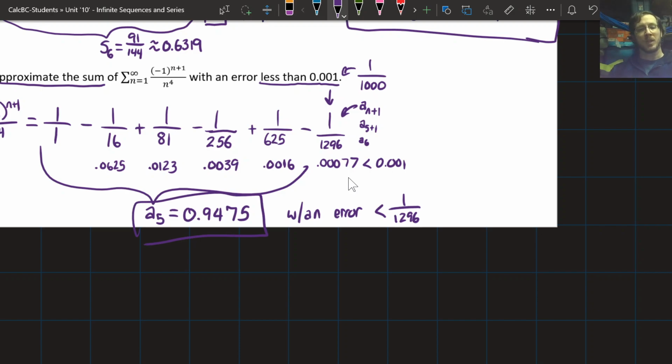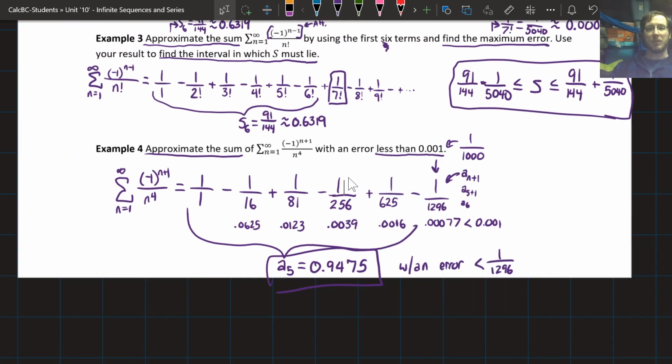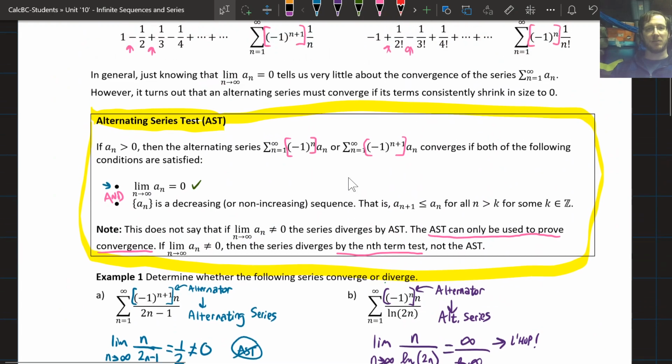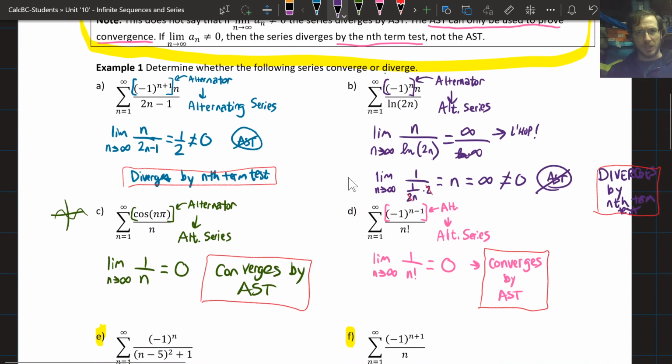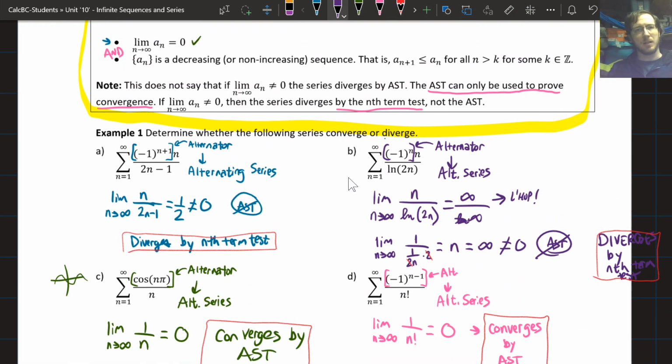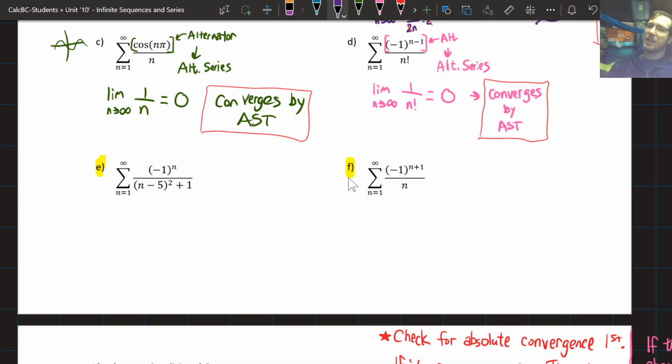All right, so that is it for alternating series for now. Again, we looked at our last test, the alternating series test, making sure that we pick out that alternator, acknowledge that it's an alternating series, and then evaluate the limit. Again, it only shows that an alternating series converges. We'll never use that for a divergent series. Make sure you try these 2 in your notes.